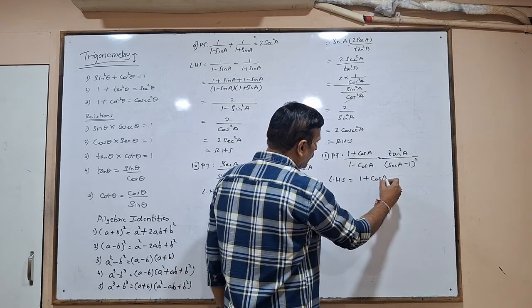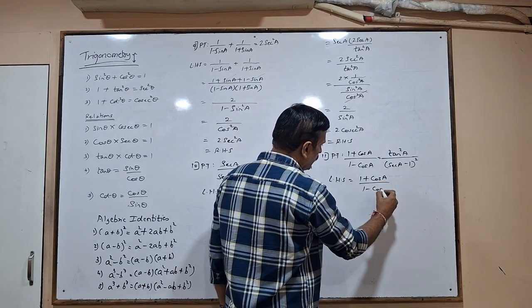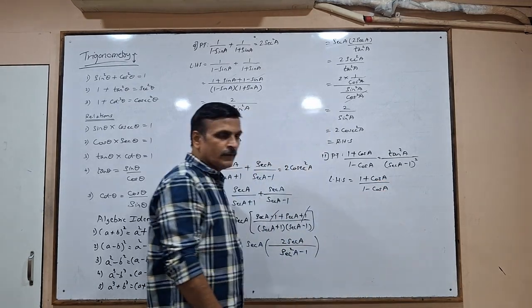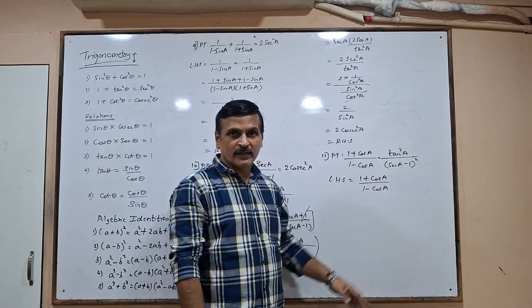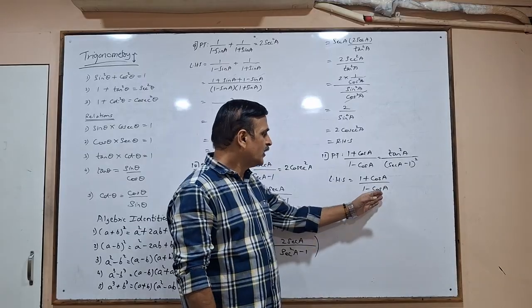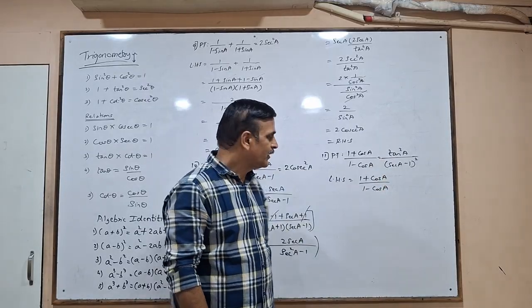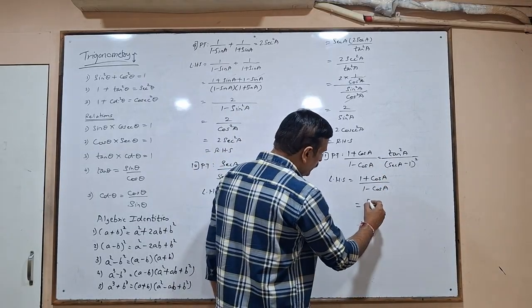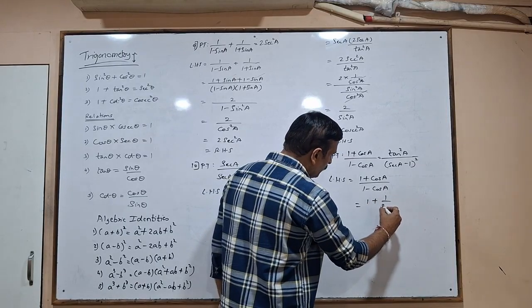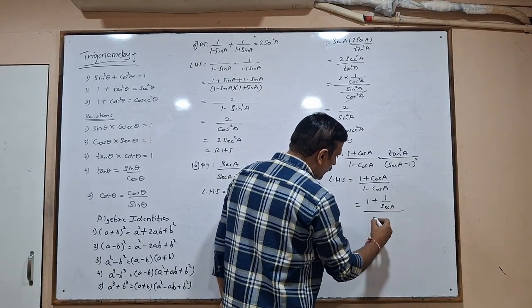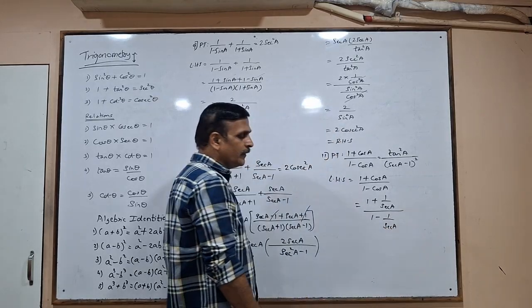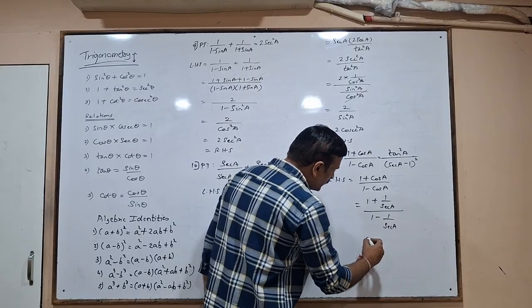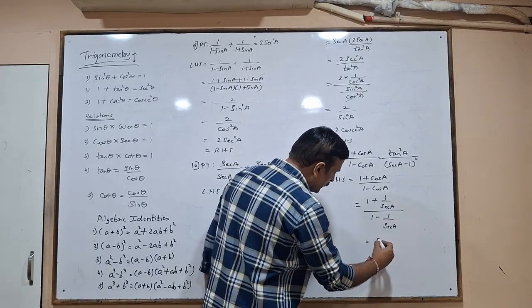1 plus cos A upon 1 minus cos A. Now we know cos is related to sec, right? So I can convert cos to sec. Let us do so. So it is 1 plus 1 upon sec A, and 1 minus 1 upon sec A. Taking the LCM, the denominator will get cancelled.